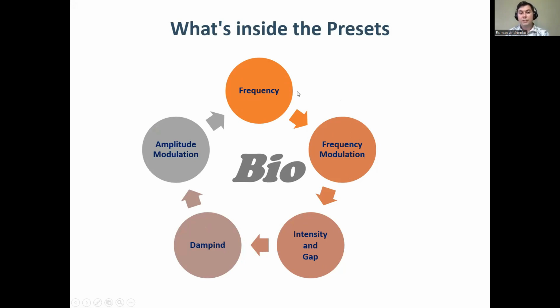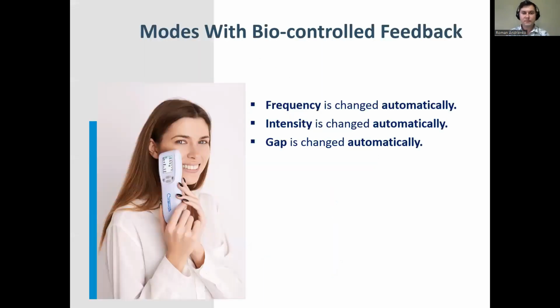But that also means that there are certain combinations of these parameters inside the preset, and that these parameters are changed sometimes independently of each other, sometimes in complex structure, depending on the feedback from the patient's body. And this is something that we call the bio presets, and there are 24 of them, which is super cool.